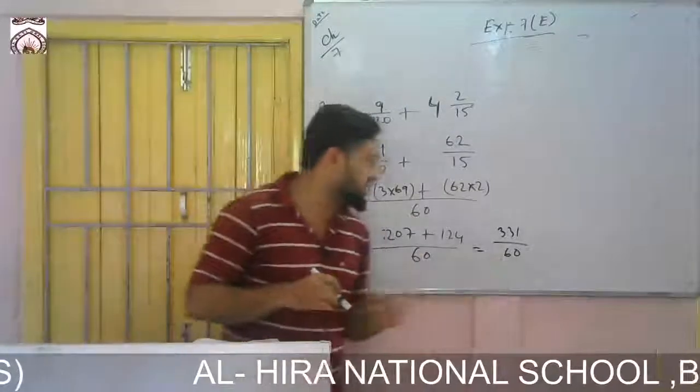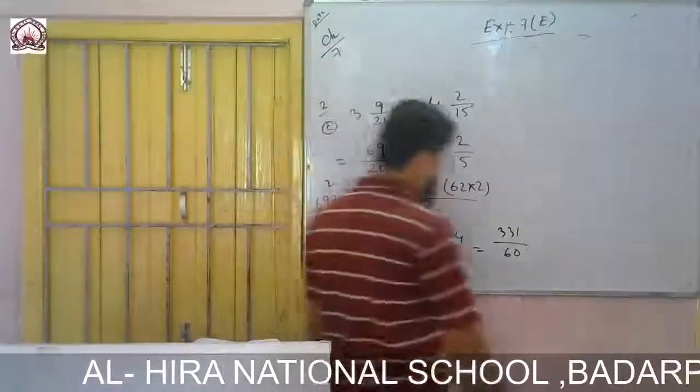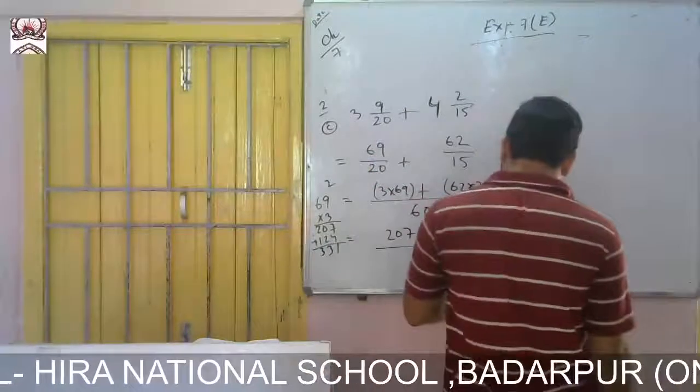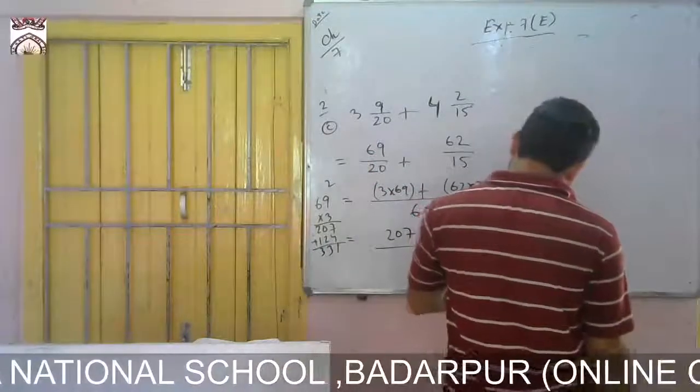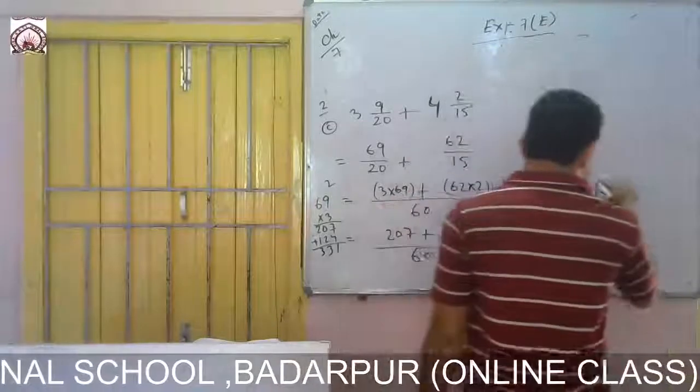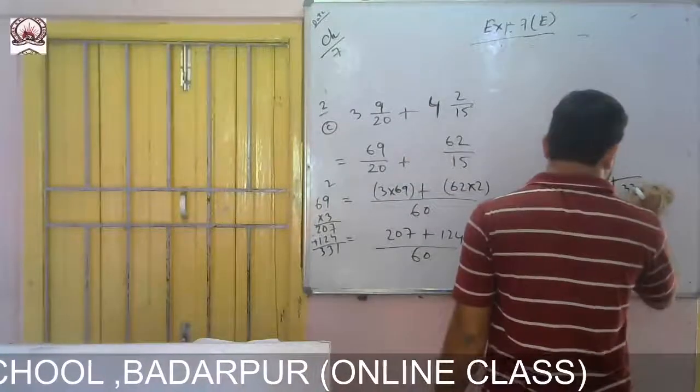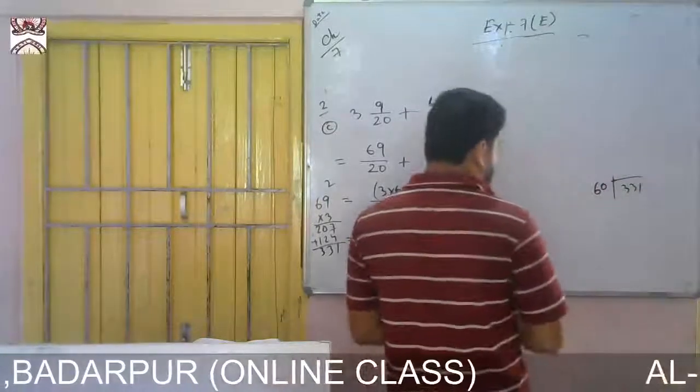Okay, 331 by 60. Let us check whether it is divisible by 3 or not. 3 plus 3 is 6, 6 plus 1 is 7. Okay. So divide 331 by 60. Okay. So we'll get the answer.